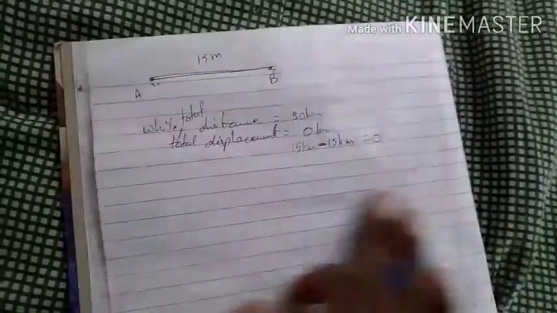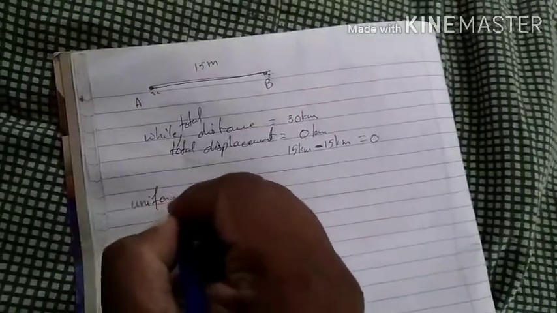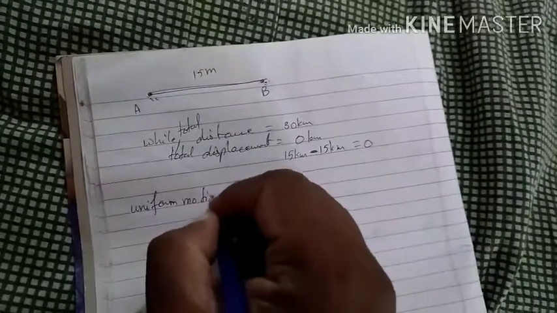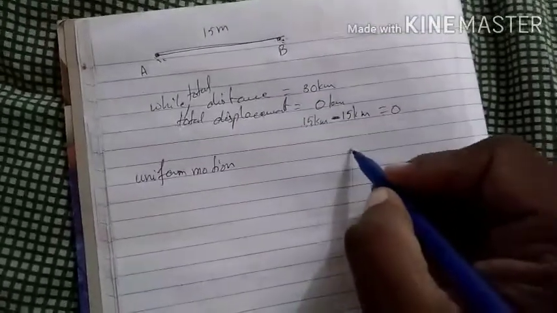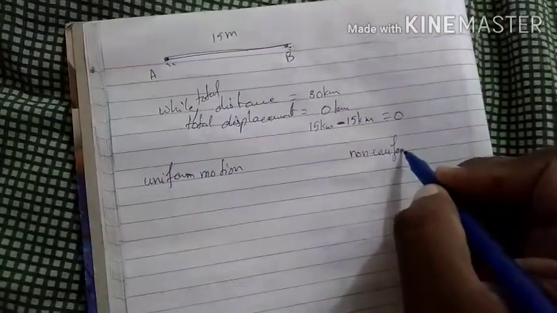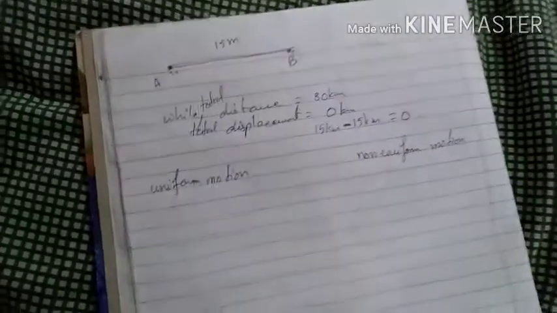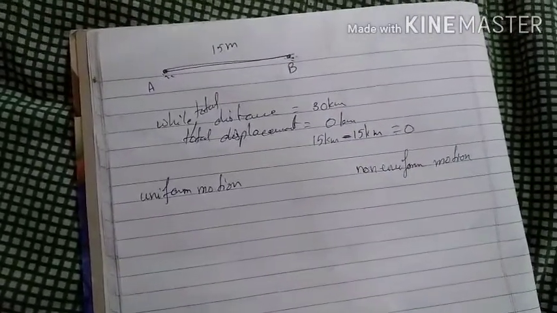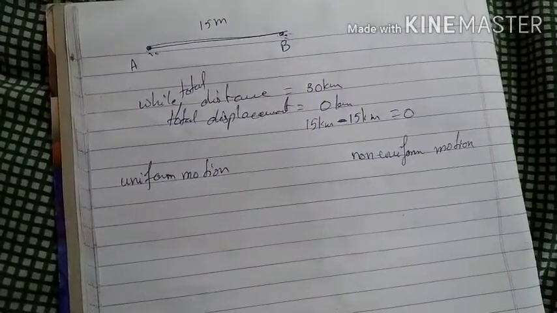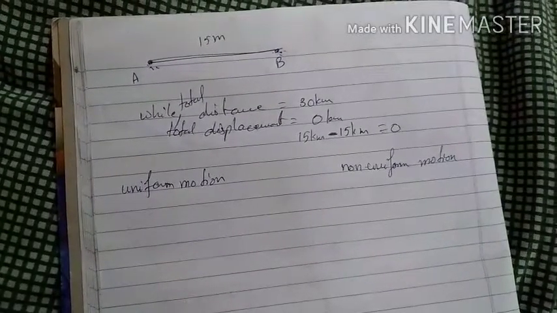Now we discuss uniform motion and non-uniform motion. So uniform motion means the motion of an object which repeats at regular intervals.